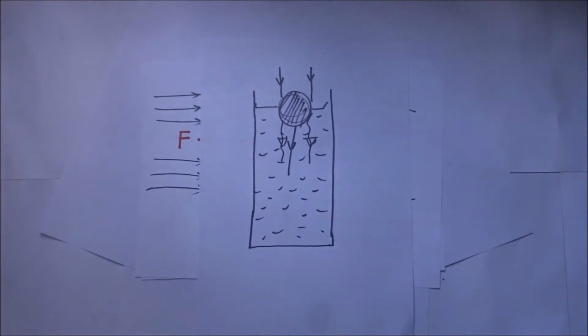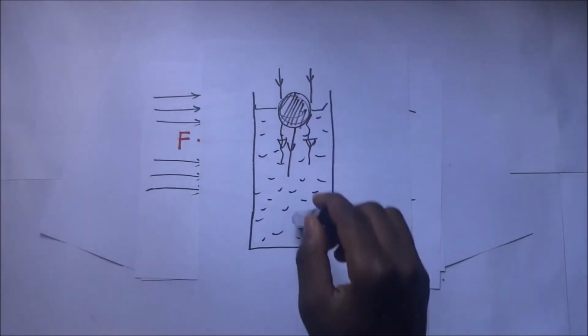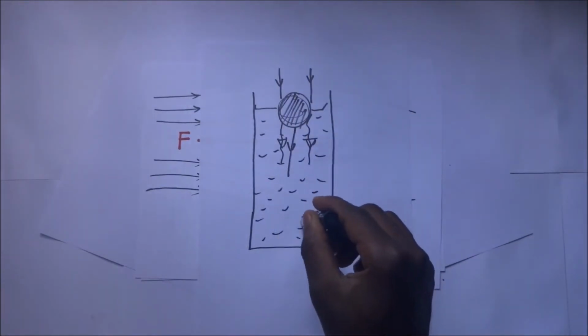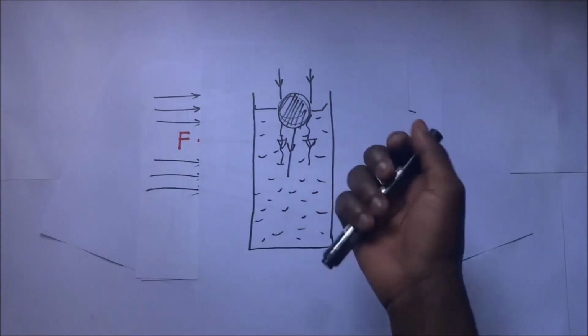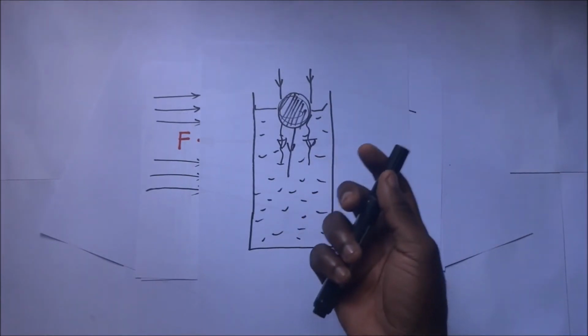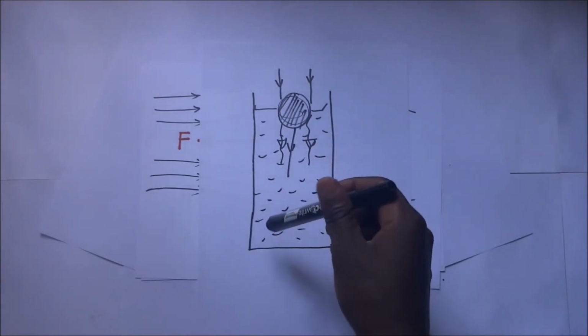We discussed this in our previous sessions. Viscosity is simply the resistance to motion within fluids. Now, this is a body that is flowing through this viscous fluid, and any body that is flowing through a viscous fluid will experience a kind of retarding force or resistive force because of the viscosity of the fluid.